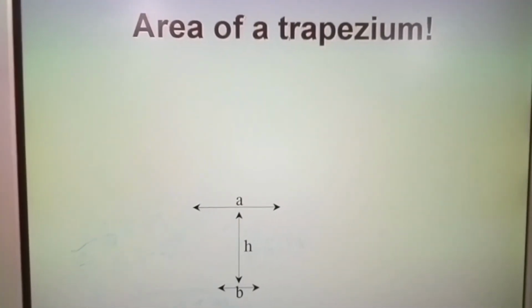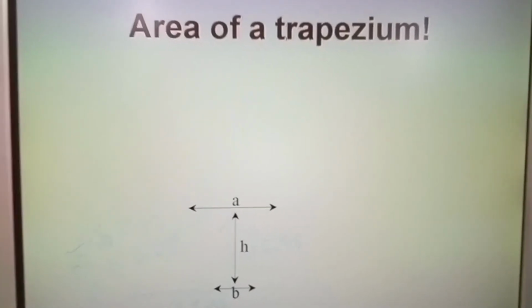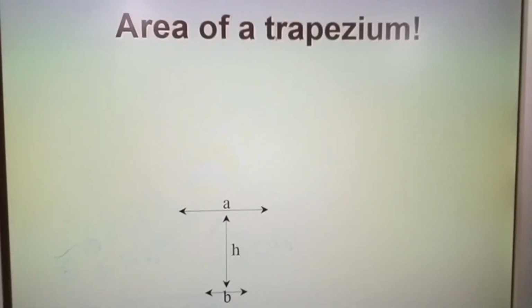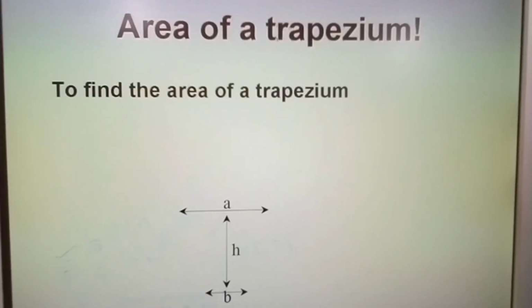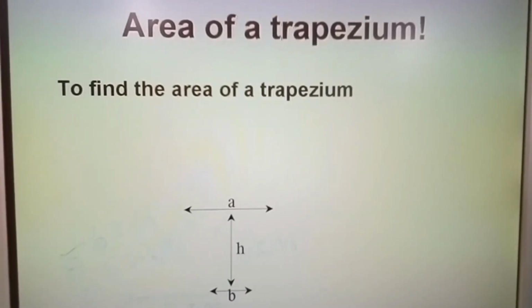Area of a trapezium. Now look at this carefully and let's have a look at what we're trying to say. To find the area of a trapezium, sorry, let me repeat that as I just zoomed in.